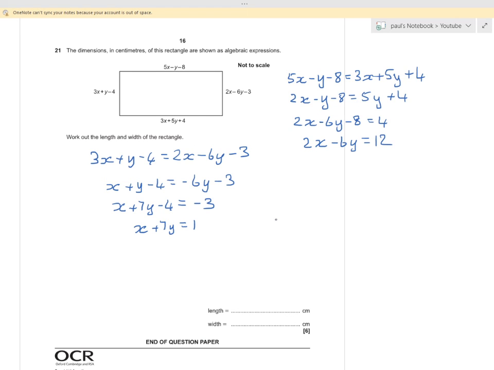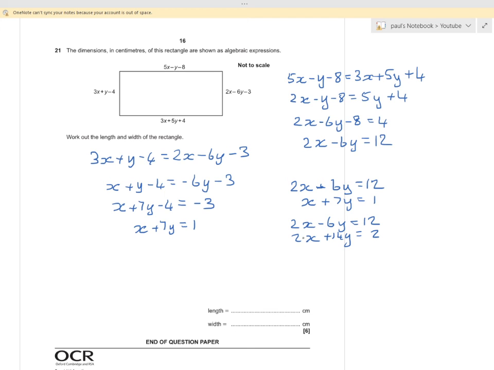There's my two simultaneous equations, which are not nice, are they? So for my first one I've got 2x minus 6y equals 12, and the second one I've got x plus 7y equals 1. What I'm going to do is double the bottom one. So I'm going to write these again: 2x minus 6y equals 12, and 2x plus 14y equals 2.